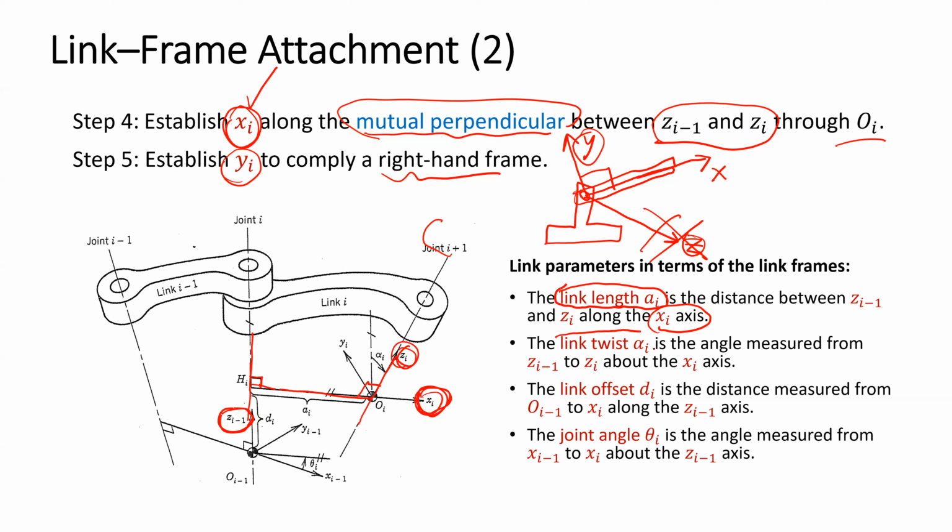The link twist is the angle difference between the Ci minus 1 and the Ci about the x-axis, which means you need to point your thumb along the x-axis and use your forefinger along the direction of the Ci minus 1, and then rotate your finger to the direction of the Ci, from Ci minus 1 to Ci, and then you get the angle.